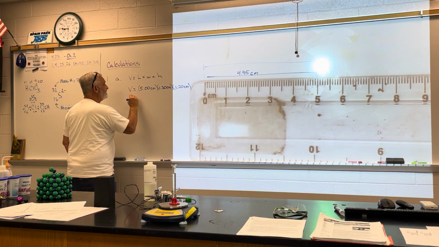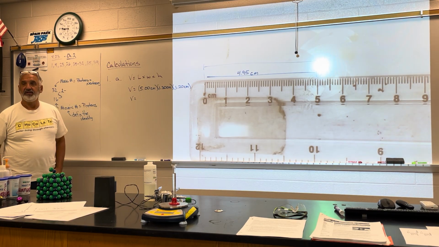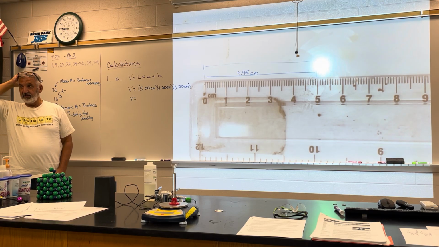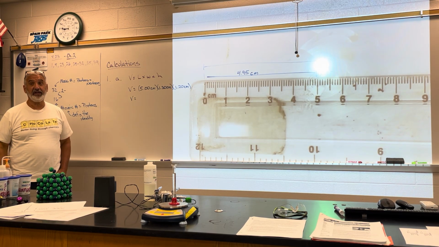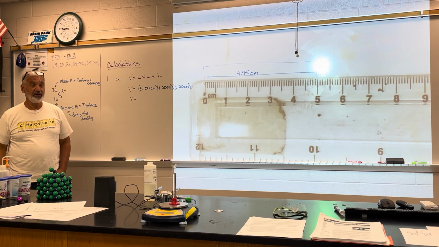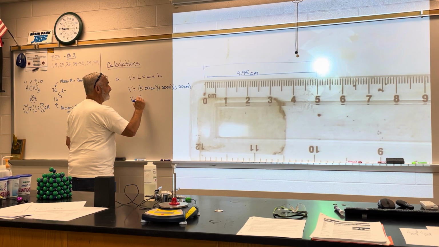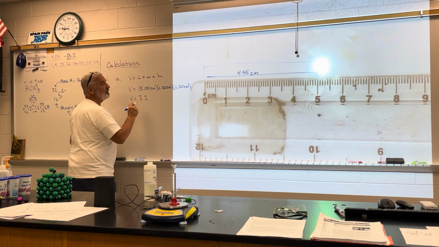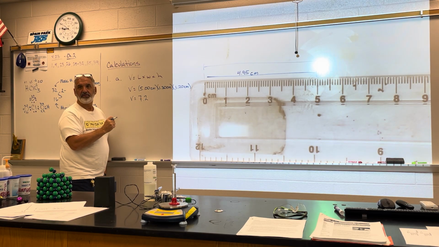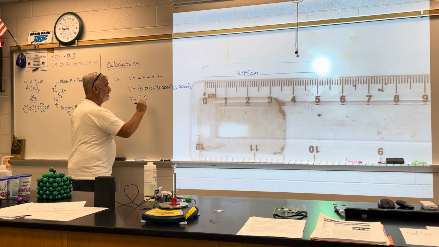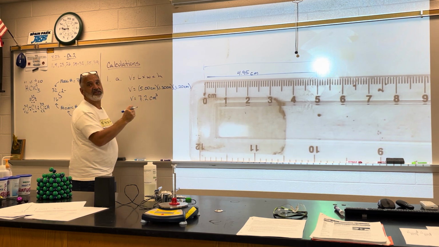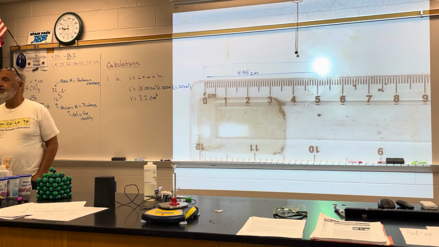Give me all of the digits that you get on your calculator. What's your calculator say? 7.2? Your calculator just says 7.2, doesn't it? And what unit would that be? Centimeters cubed, or cubic centimeters, however you want to say it, it doesn't matter.